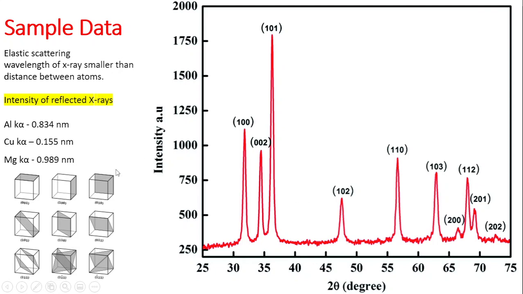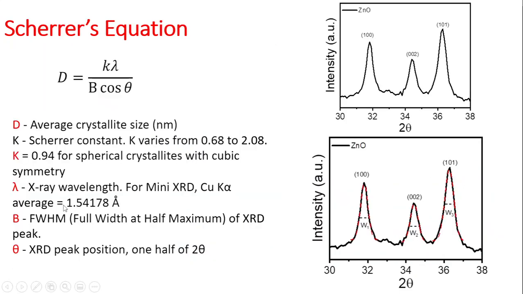And depending on the planes that reflect the X-rays, you can see peaks corresponding to the different planes. As you know, a material can have the atoms oriented in different directions. So in XRD, one of the things that we are interested in calculating, other than the interatomic spacing, which can be calculated using Bragg's law, is something called Scherrer's equation, which is used to determine the crystallite size.